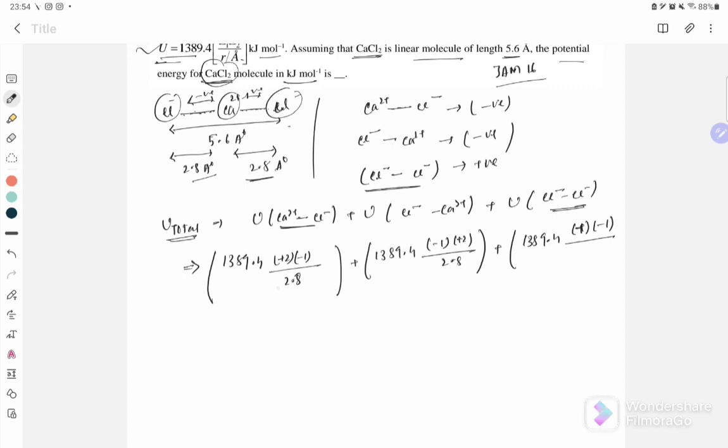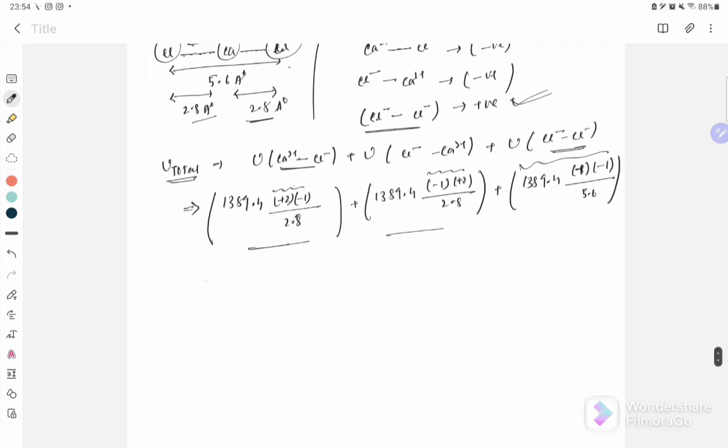You can see that this is a negative value, because they both are attraction forces, but this is a repulsive force, minus minus is positive, so this whole value is positive for Cl minus to Cl minus, at distance 5.6. You just have to calculate this.